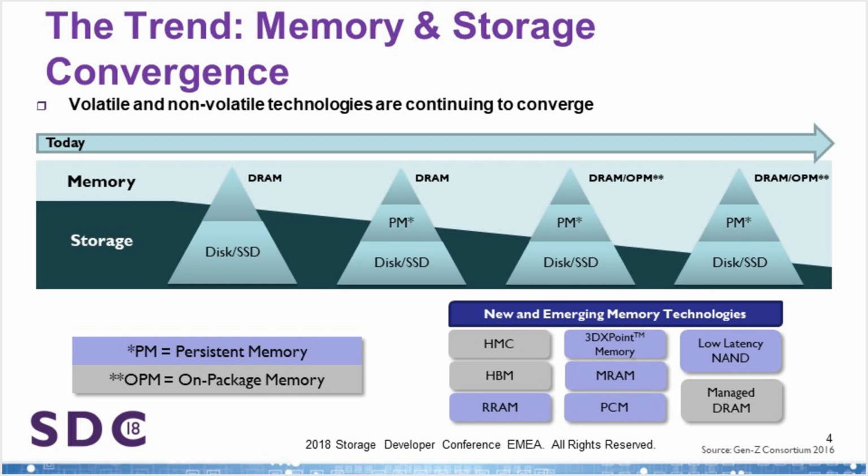So some of the new emerging persistent memory media technologies include resistive RAM, phase change memory, magnetic RAM, of course 3D XPoint. Low latency NAND is sort of new. Samsung has something called Z-NAND. It's basically accelerated NAND.